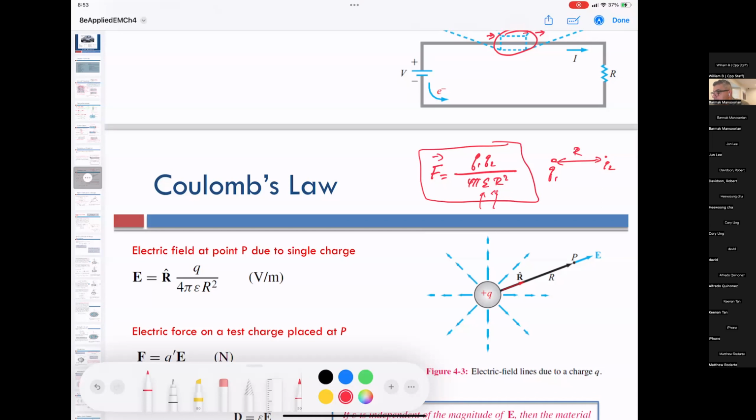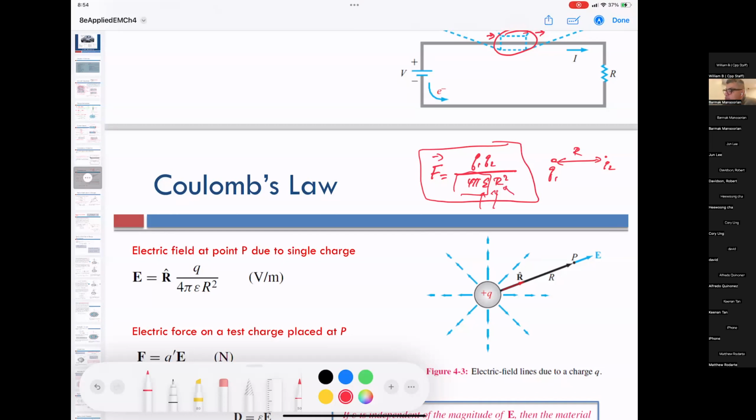So that's what the Q1, Q2 in the numerator says, and it also says the force is proportional to the amount of charge in those two particles. Then we have this 4 pi epsilon; you'll see in a second what that is. The other part of the force is that it's 1 over r squared.